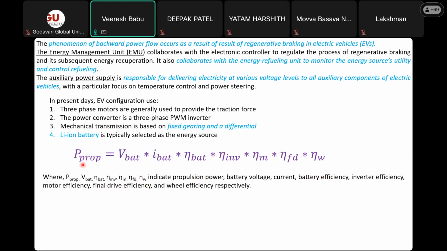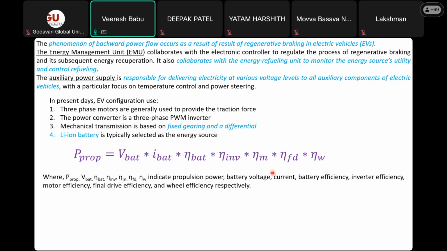The propulsion power of a vehicle is the product of battery voltage, battery current, and all these efficiencies. These all come into the picture to find the propulsion power of your vehicle.